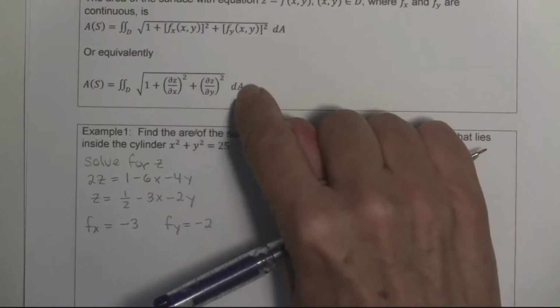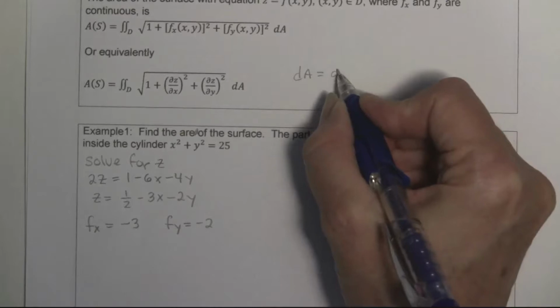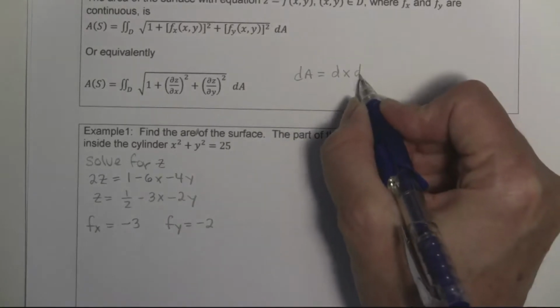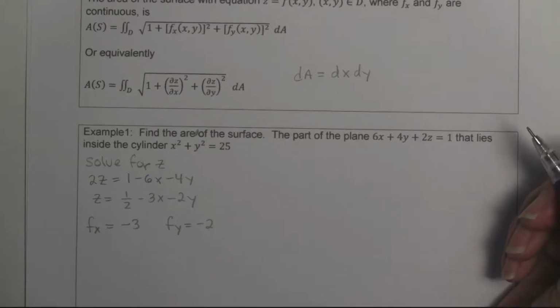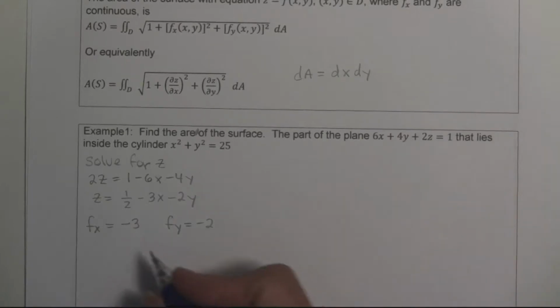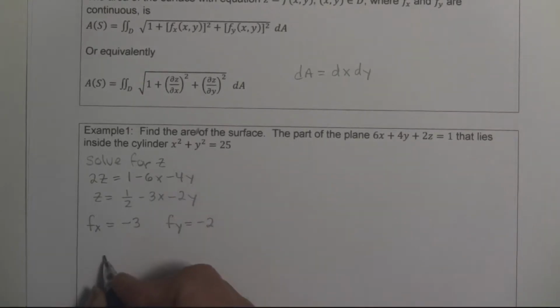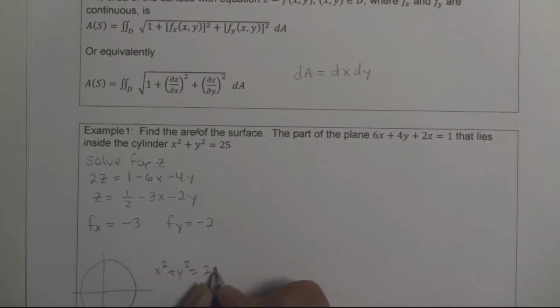And in order to find out my dA, remember dA is either going to be dx dy or dy dx. Or if it's better, you can go in and do it in polar coordinates. And so I have this x squared plus y squared equals 25.